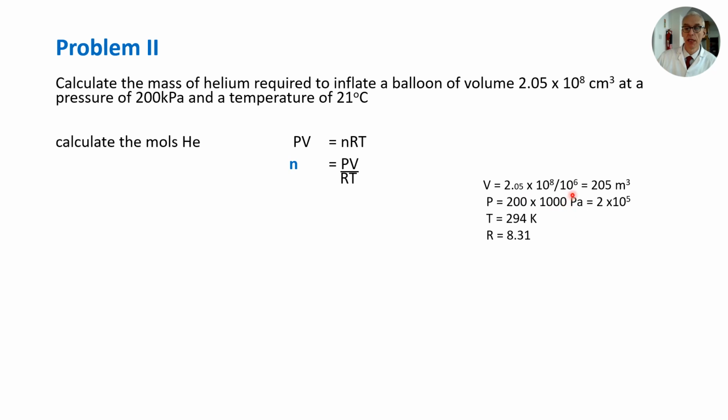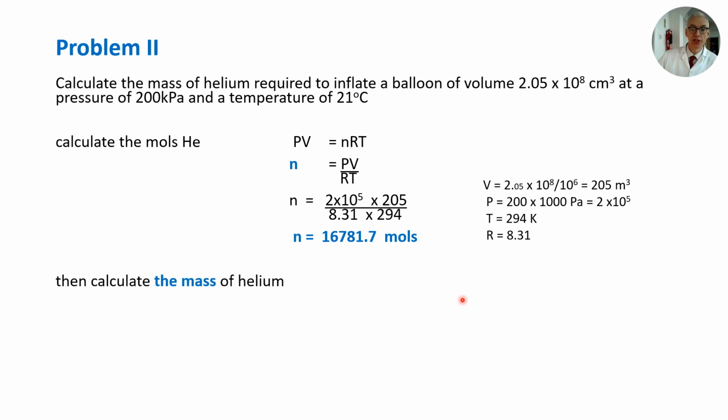Divided by 1 million gives us 205 meters cubed. Pascals are required, so kilopascals multiplied by 1000 to give us the pascals. 200 times 1000 is 2 times 10 to the 5. Temperature 294 Kelvin. R is the constant. Put those numbers in, solve for n, a large 16,000 odd moles.